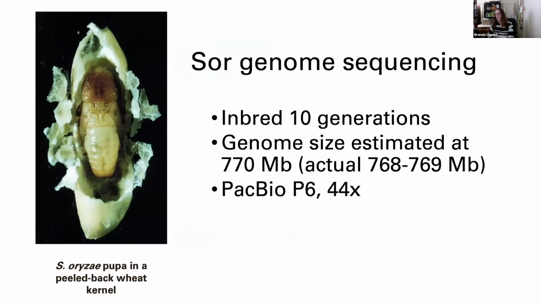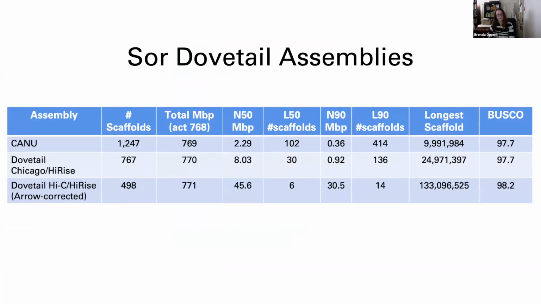So for the genome sequencing, this time we inbred for 10 generations. The genome size was similar to what was found in the literature. We sequenced on the RS2 with 44x coverage. The Canu assembly of the PacBio data had a BUSCO score of 98%.